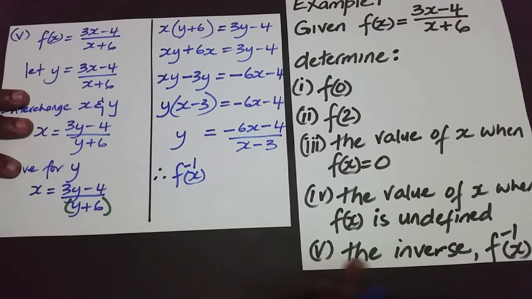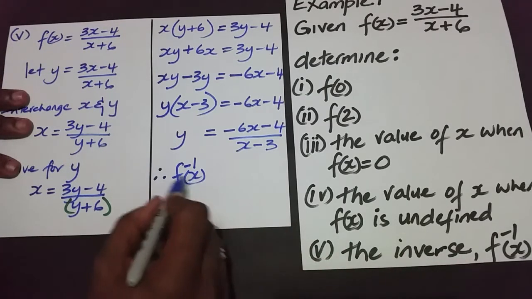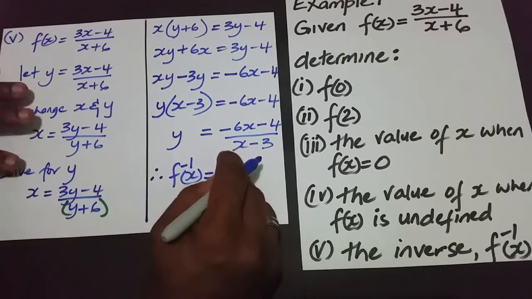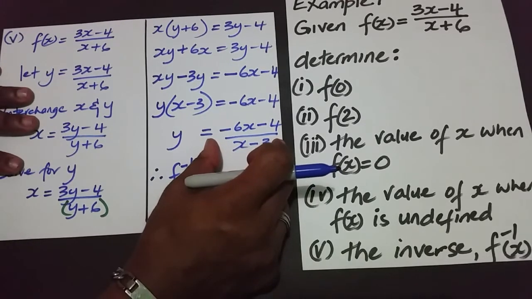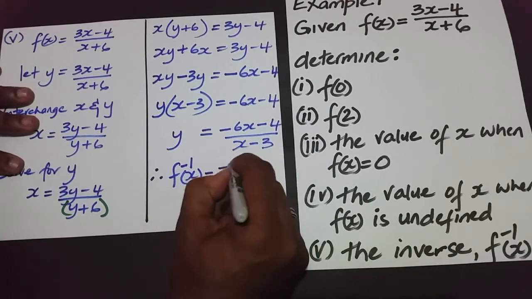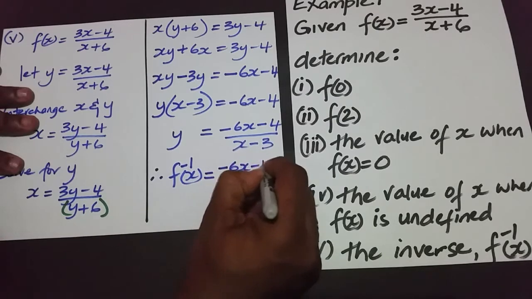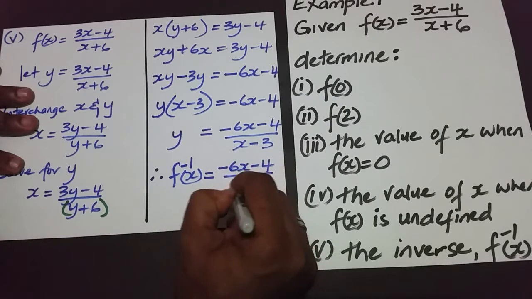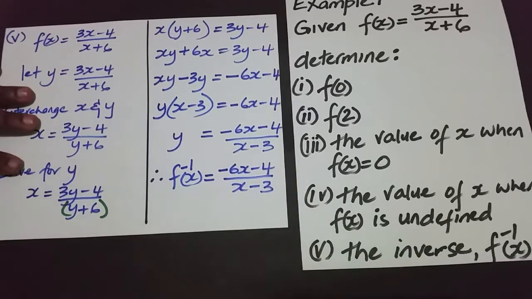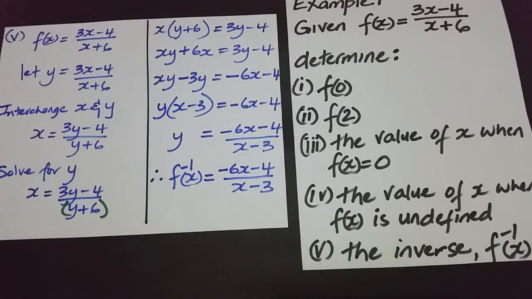We're asked to find the inverse of f(x), which is denoted like this, and this is equal to what we found for y, which is (-6x - 4)/(x - 3). And that would be the solution to part 5, where we found the inverse of the function.